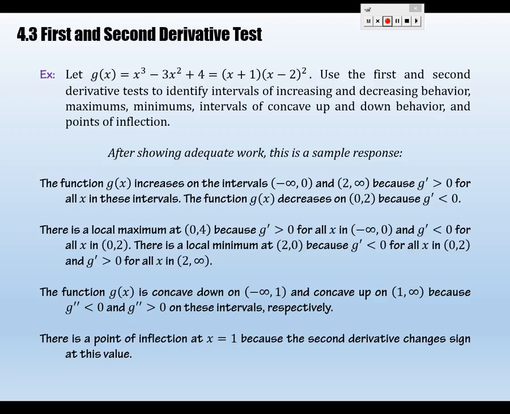Like I said, normally you would only be expected to write one of these sentences. They're not going to ask you to find all the intervals of increasing and decreasing, points of inflection, maxes and mins, and concavity intervals and all that, and justify them all. Go. I'll see you in 20 minutes. They're not going to say that. They're going to say something like, justify why f is concave down on the interval 1 to infinity, or negative infinity to 1.